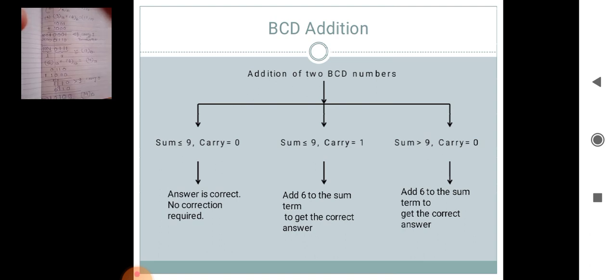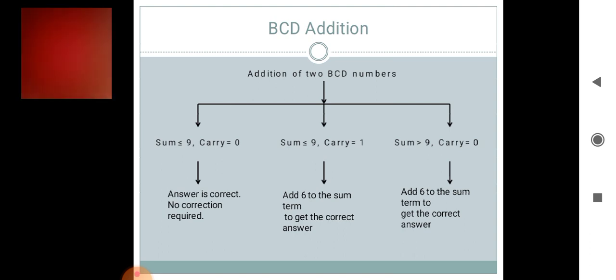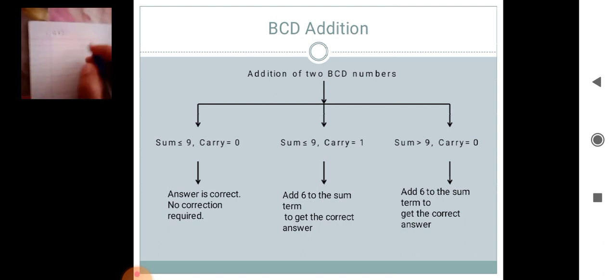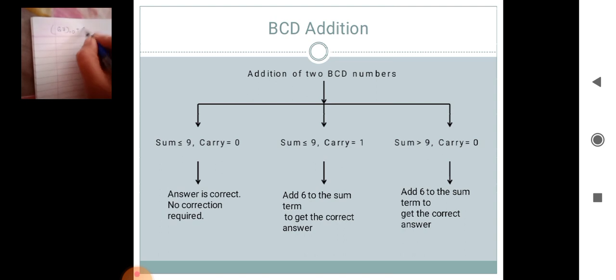Now we'll see another example for practice. We'll take 67 decimal, into that we will add 23.